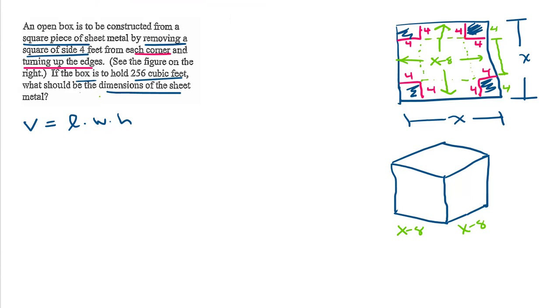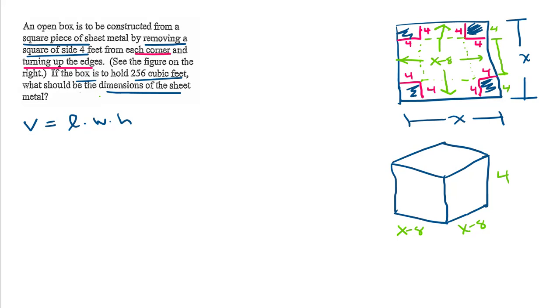That's the bottom of the box, which is what we just discussed, the x minus 8. All right. So this is our length and width, and now we need to figure out our height. Well, remember we cut out the corners of 4 by 4, so our height is going to be 4.